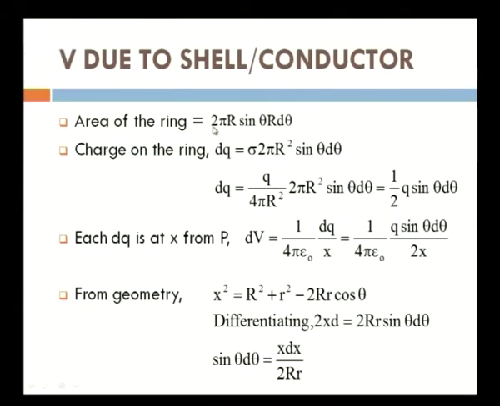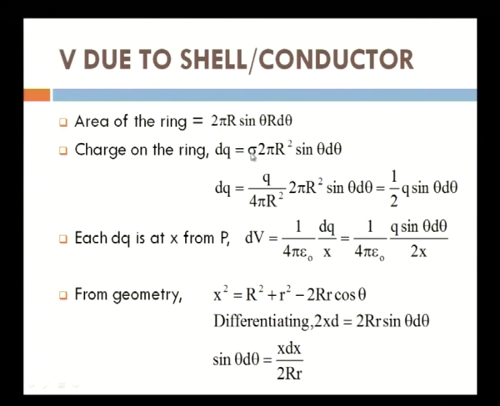The area of the ring is nothing but 2 pi r sin theta into r d theta. Here r d theta is the thickness of the ring, and we have already stated the charge per unit area is sigma. So, dq is taken as the small charge that is present on the ring.